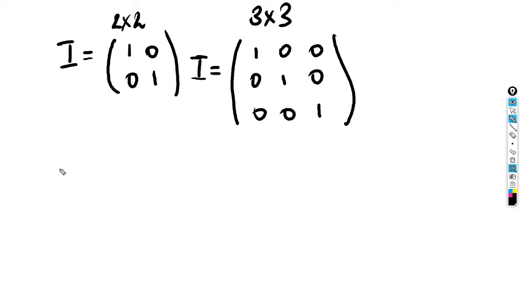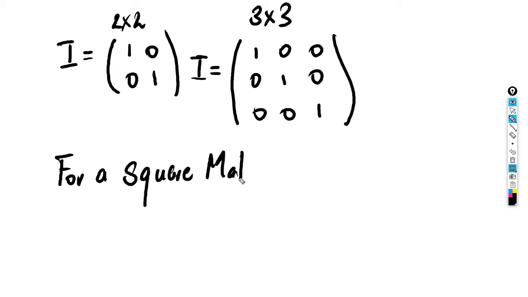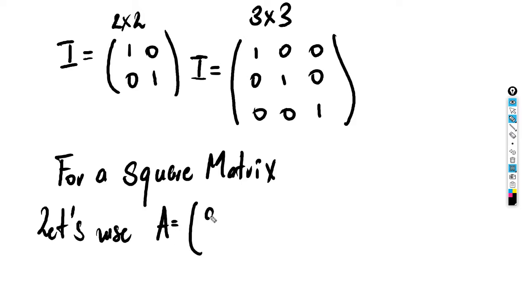So for a square matrix, let's say, let's use A is equal to A, B, C, and D, right?